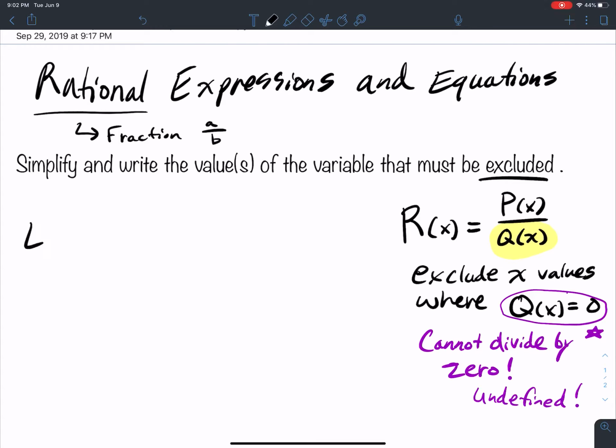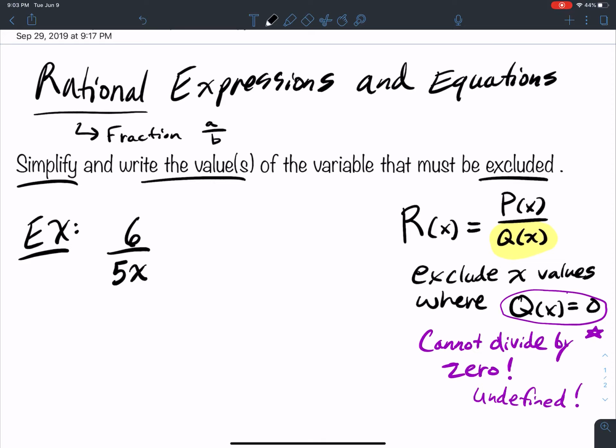So let's start with an example. I want to simplify, and then I want to write the values of the variable that must be excluded. So your problem, 6 divided by 5x. Now the first thing I do is I try to simplify. I factor the top, I factor the bottom.